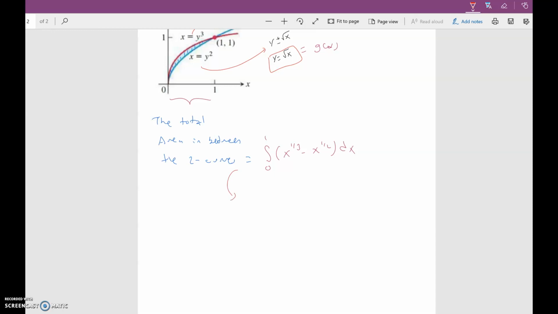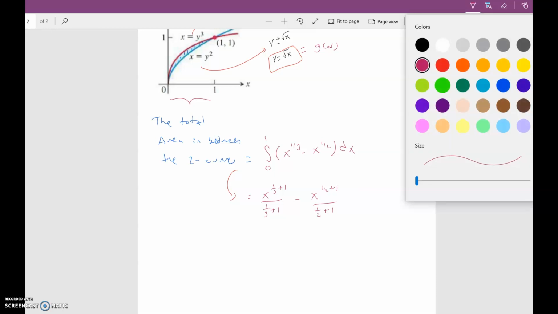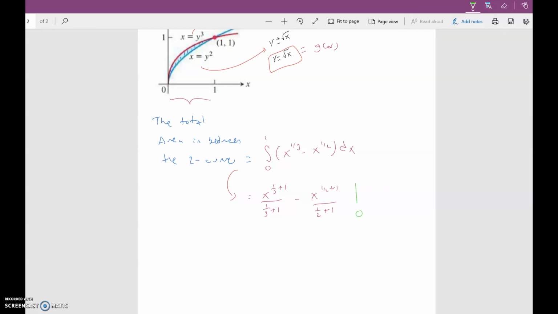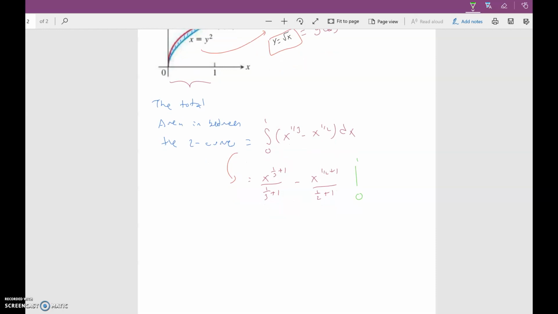In this case, this is equivalent to x to the 1/3 plus 1 over 1/3 plus 1, minus x to the 1/2 plus 1 over 1/2 plus 1, and we're going to be integrating this one. The limits of integration go from 0 to 1.